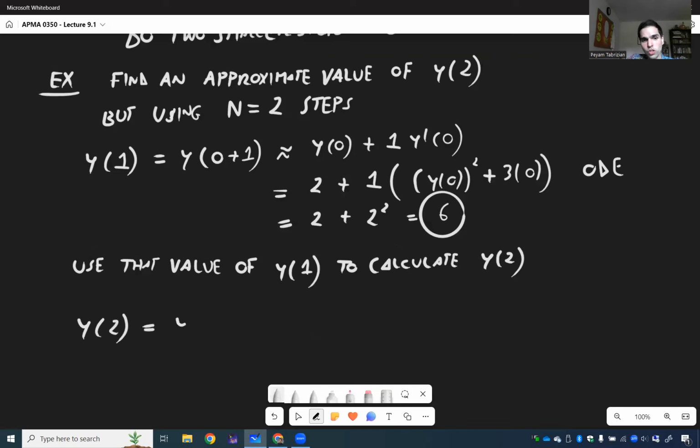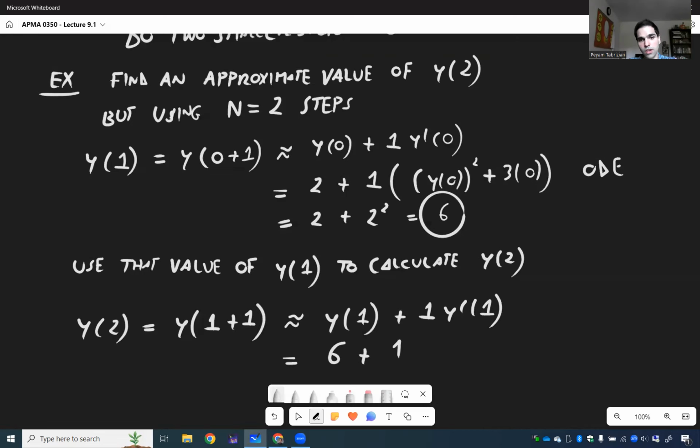So again, future is present plus ODE. So y of 1 plus 1 times y prime of 1. Again, in this case, x is 1 and h is 1. And then once again, by the ODE, this becomes 6 plus 1 times y of 1 squared plus 3 times 1.